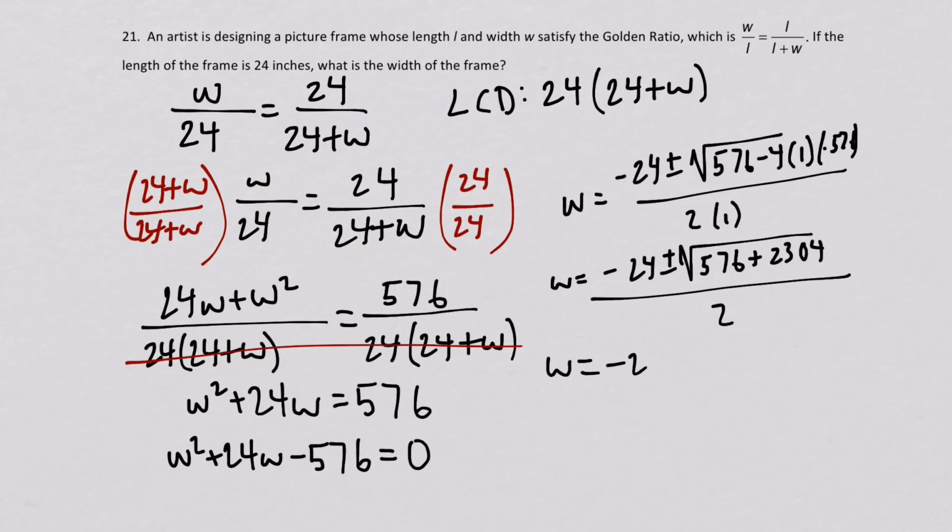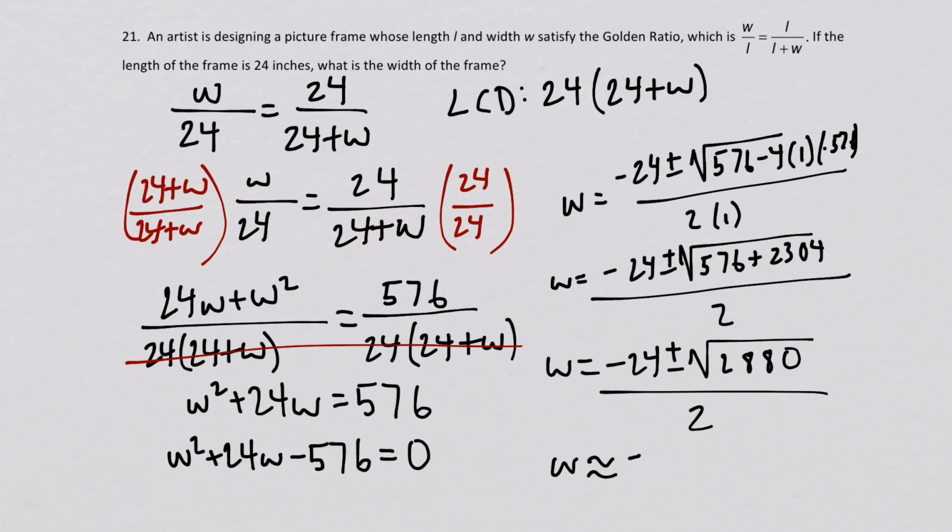So negative 24 plus or minus radical 576 plus 2304 is going to be 2880, all over 2. And at this point, just use your calculator to get a decimal approximation. Calculator says that radical 2880 is approximately 53.66. So negative 24 plus or minus 53.66, all over 2.